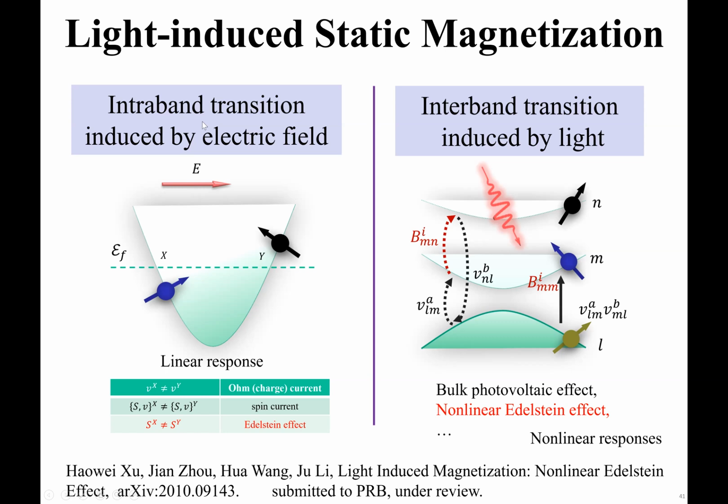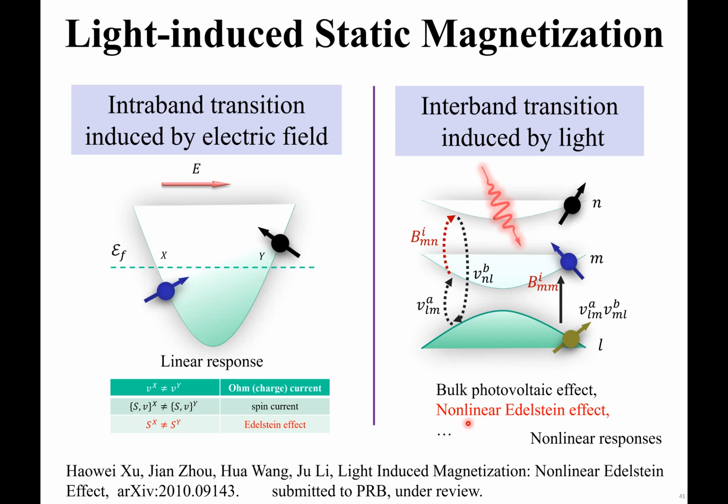So there is this linear Edelstein effect in metals, which is if you apply a static electric field, you're going to have an electrical current, and that is given by the unequal occupation in basically K and minus K, and this can give you a static magnetization. So that's the linear Edelstein effect.